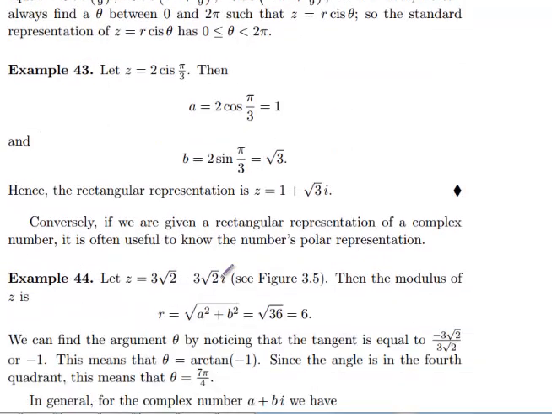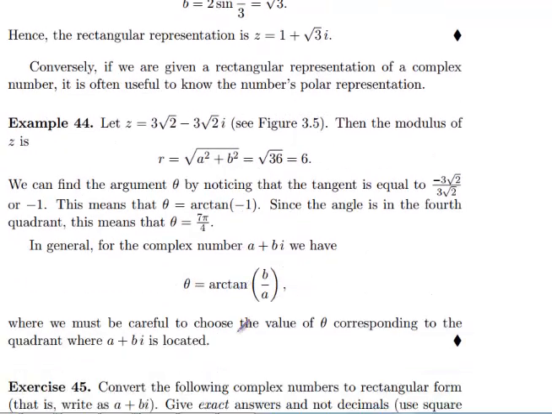And you should be able to use trigonometry to go back and forth between the polar representation and the Cartesian representation. And here's actually a formula for the complex argument in terms of the real and imaginary part of the complex number.